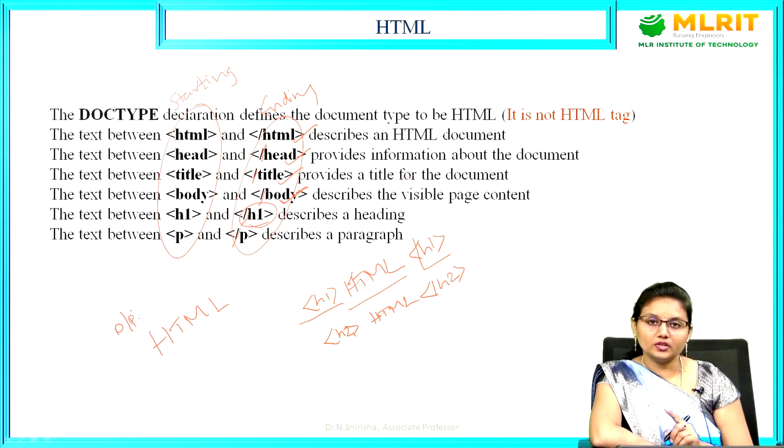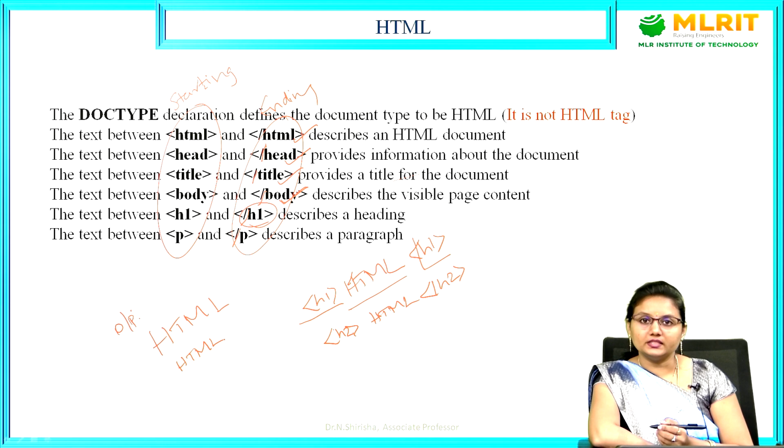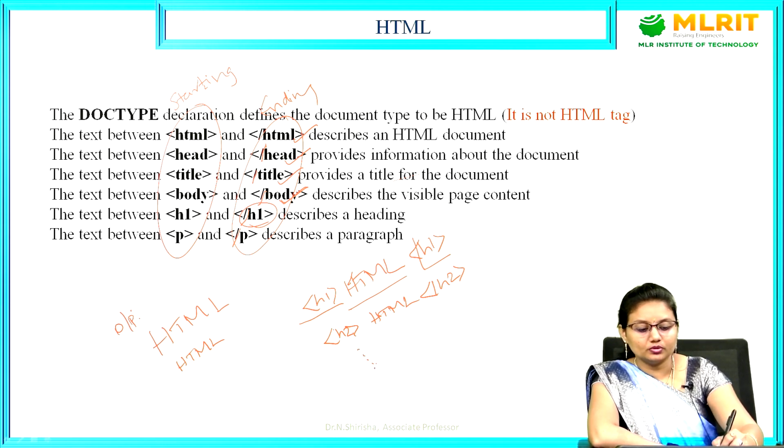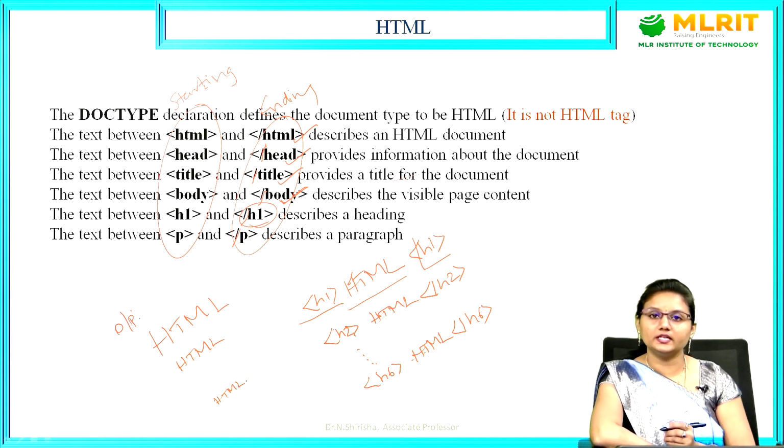H1 will give you the larger font size, H2 will give you a smaller font size, like this. Like that, from H1, H2 to H6 you have. If you write HTML with H6, this will be the least heading size. This is the least heading size you will get.